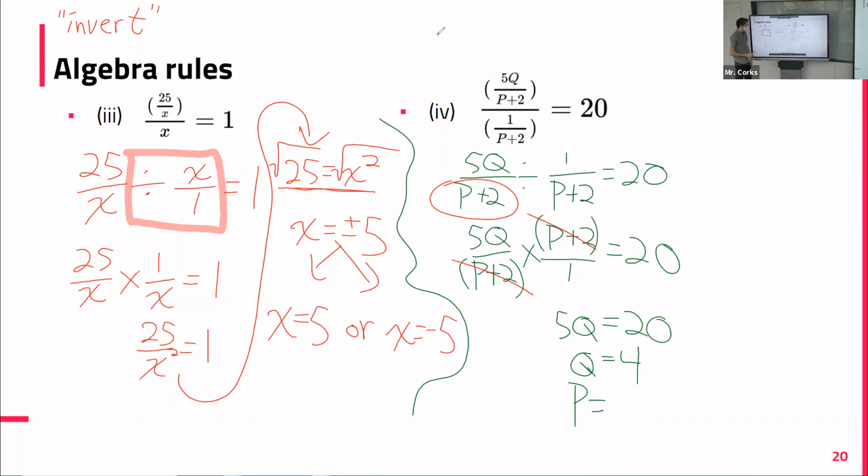If p was -2, we would have a division by 0 problem, but any other number will work. So if we're being very careful, q must be equal to 4, and p must not be equal to -2, but it could be anything else. That's the full, very careful solution here.